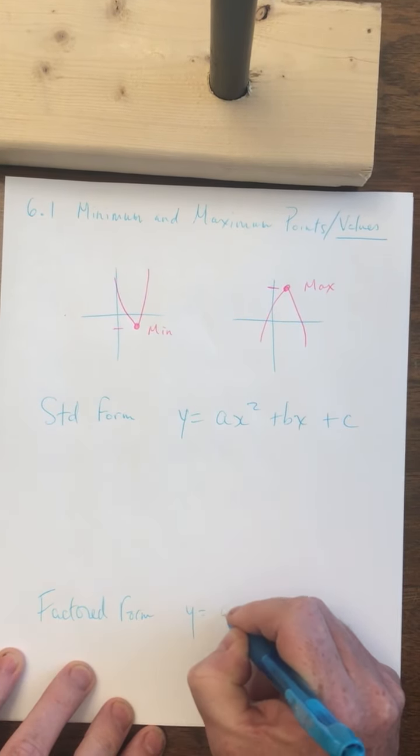And if you recall, vertex form is y equals a(x minus h) squared plus k. And remember, a is our stretch or our compression of our parabola. Our h is moving left or right. And our k is our up or down movement.